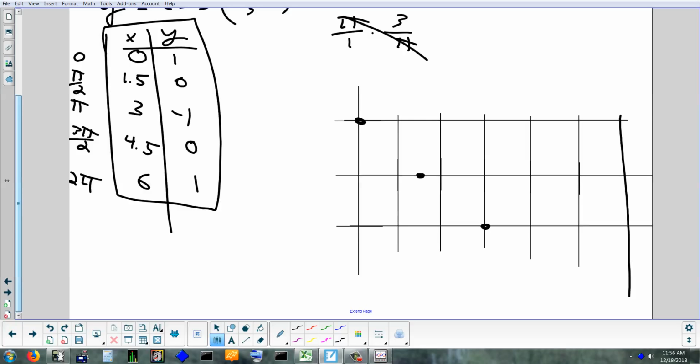So 1, 2, 3, 4.5, 0. I like to still put the labels. For me, it's just easier to see it. And then 6, 1. 6, up 1. And then make your graph.